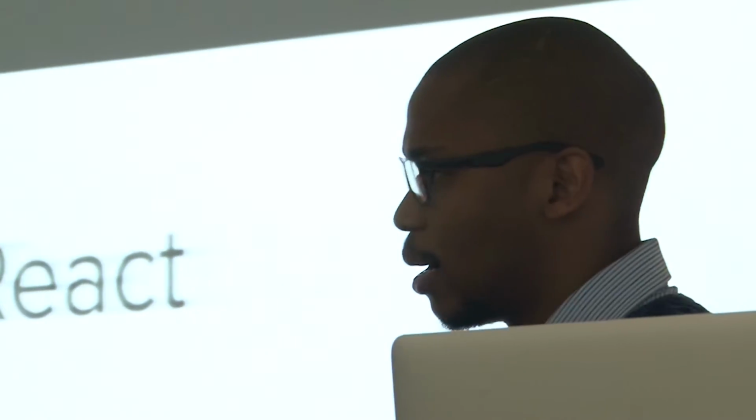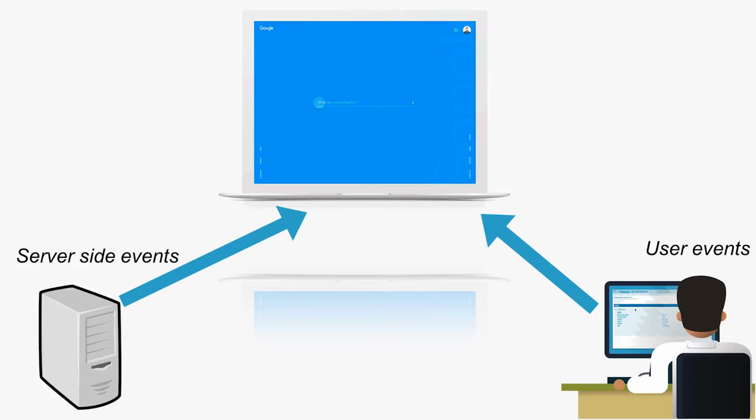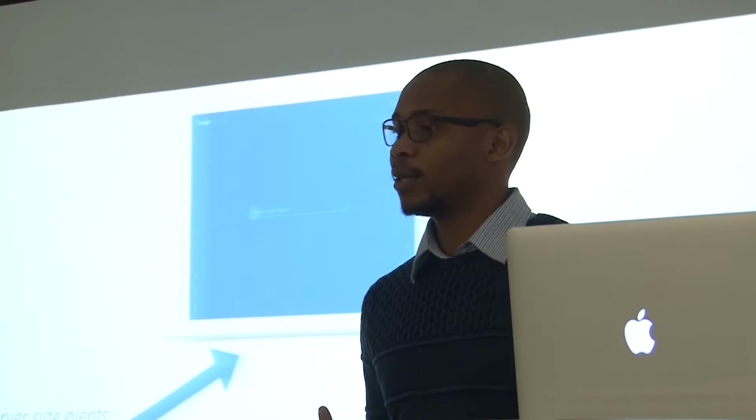But first, I'd like us to think, why do we even need dynamic interfaces? Why can't we just have our applications static? Well, because we need our applications to react to events, server-side events, and user events. That makes for a great user experience.